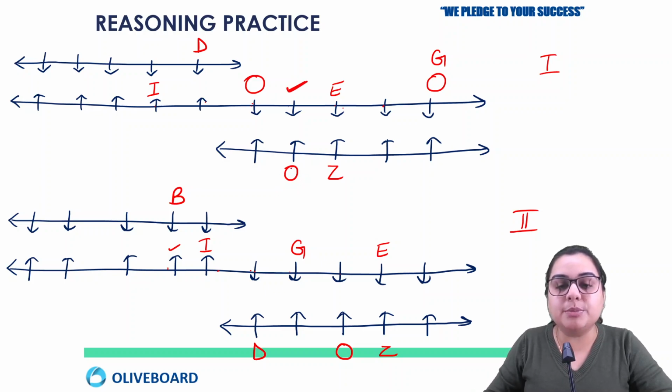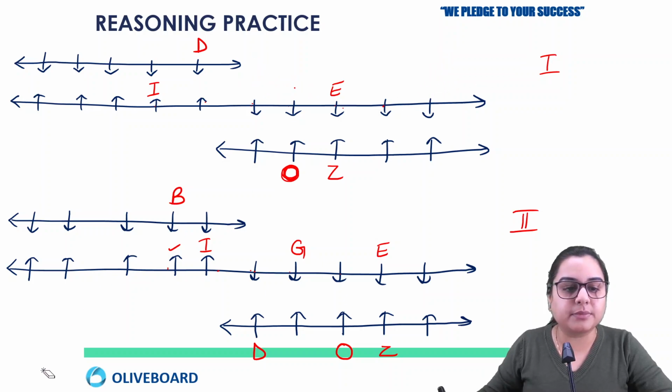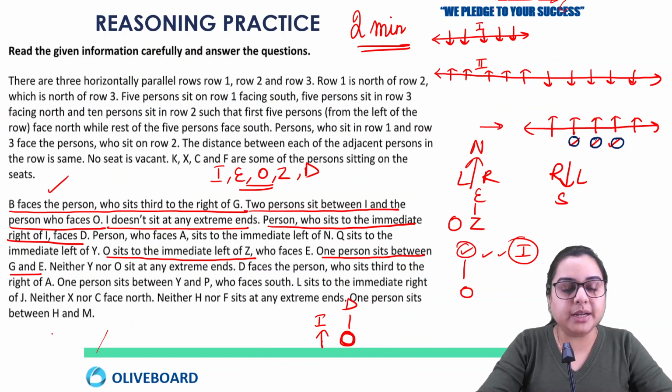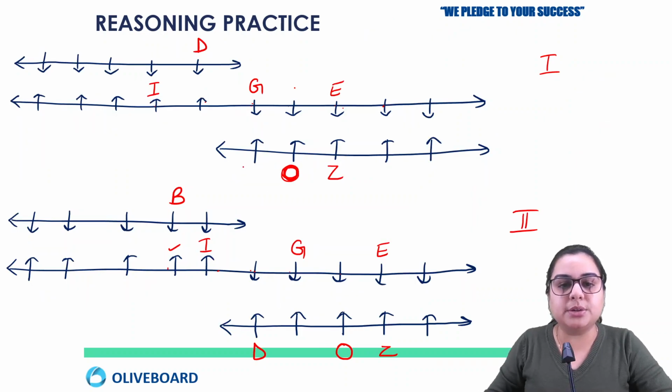I will not be able to write B in the first possibility because here it is O. I cannot write B here. That means G will be written here. So doubt has been sorted that G will be written on this position. And the information was that B faces the person who sits third to right. So third to right of G means 1, 2, 3. So opposite here it will be B.